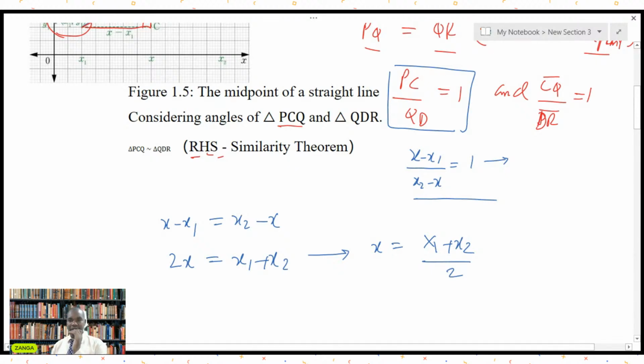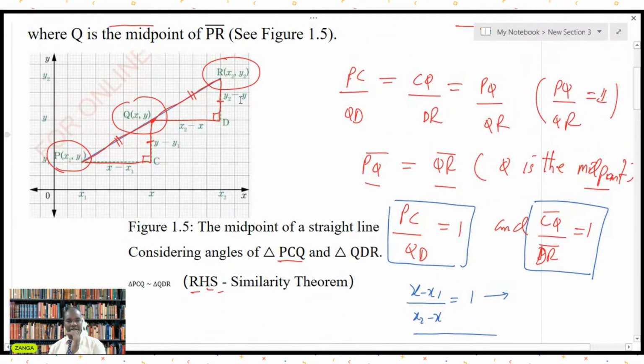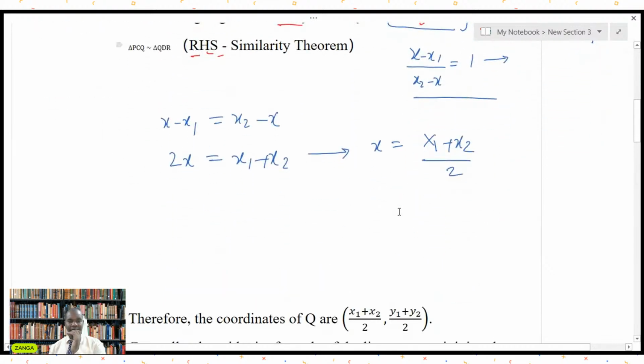We're going to use this part here also to consider the relationship between y values. And so CQ is y minus y1.